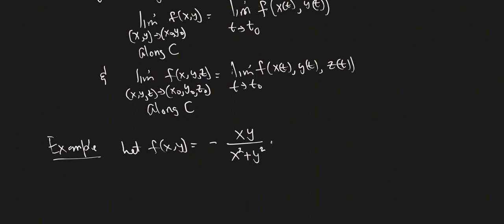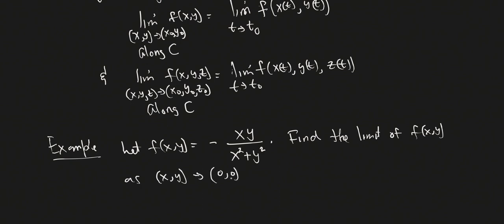And what we're going to do is find the limit of f of xy as xy approaches, let's approach the origin, but then we're going to specify these different paths, right? Along, and then we'll just go through the different parts.